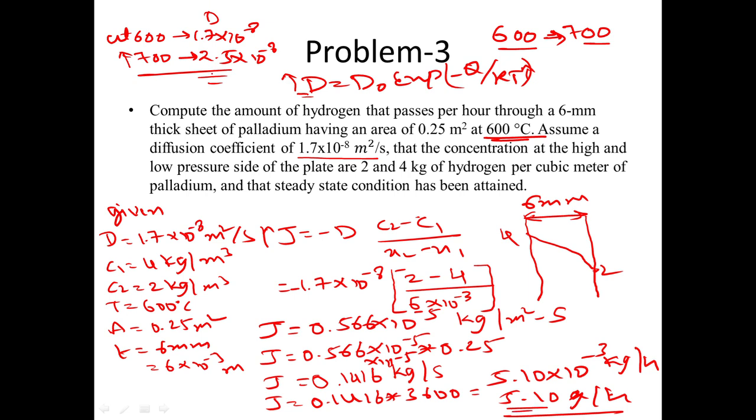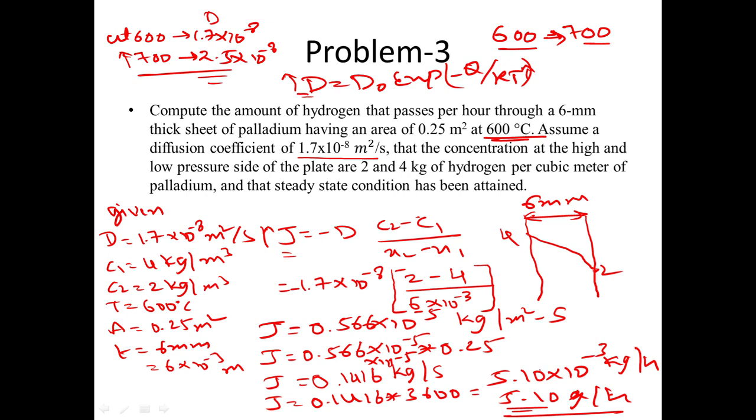Please tell me, if it is 2.5, what will be the J value? Yes, just calculate for your sake: 2 into 2.5 divided by 6 into 10 to the power of minus 5.